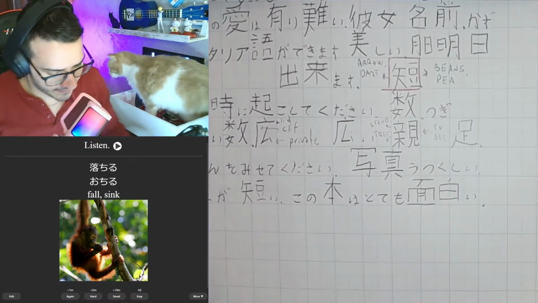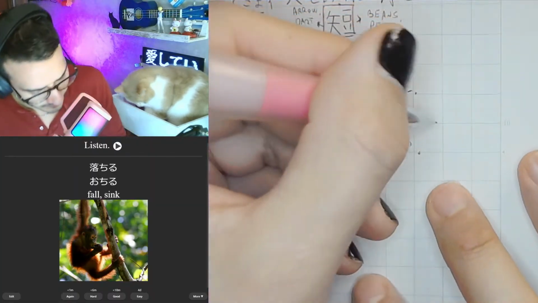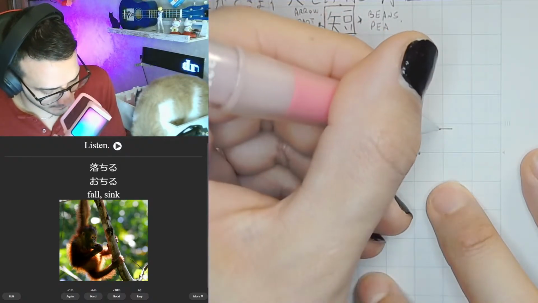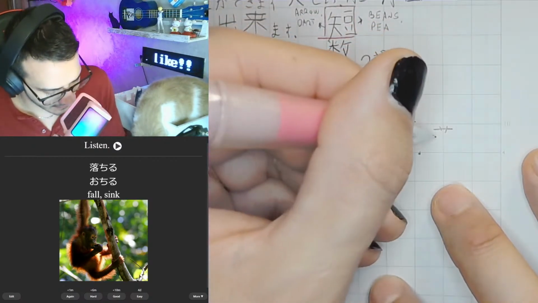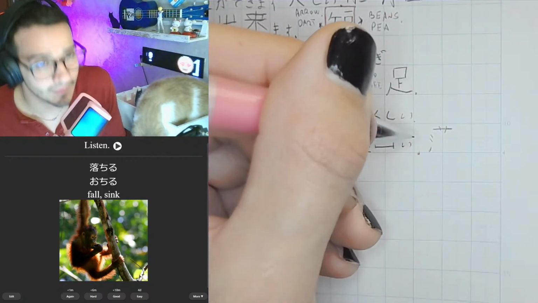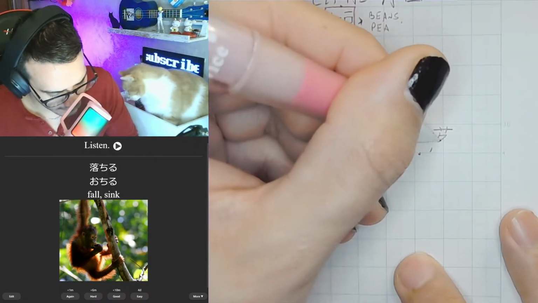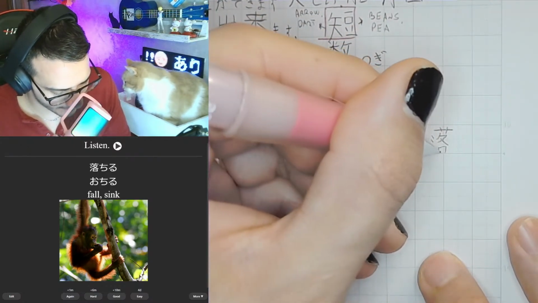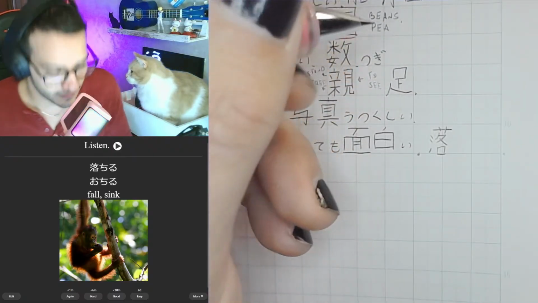So we have the flowers or grass radical together with the water, winter or finish radical, and the mouth. Ochiru.